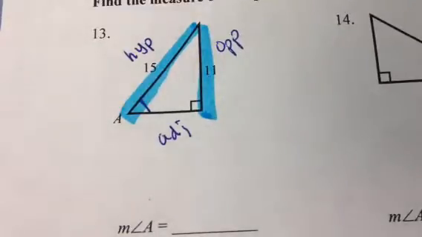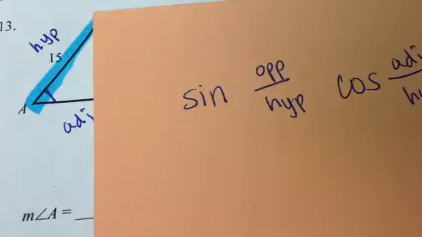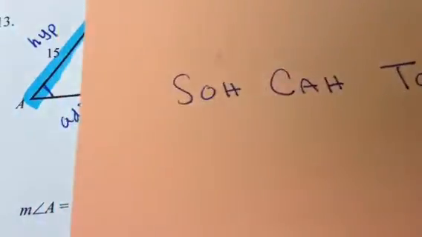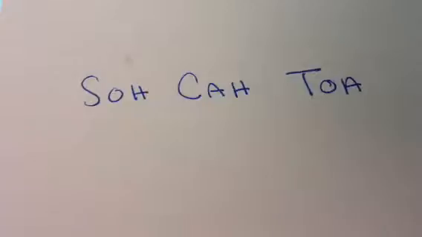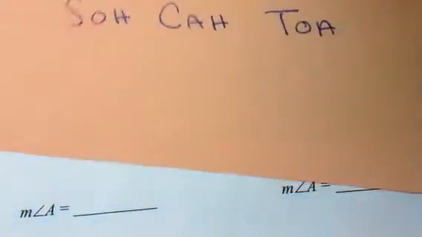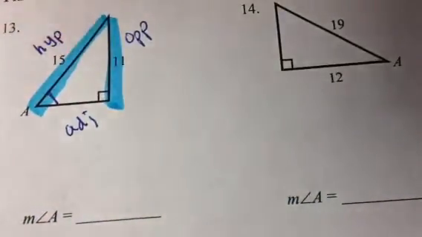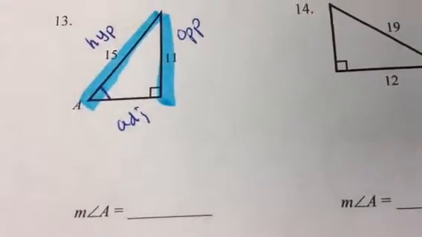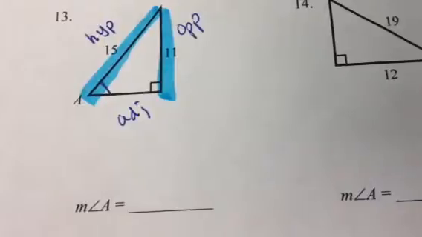And if you didn't catch our last video, just to go over that, we said sine is the ratio of opposite to hypotenuse, cosine adjacent to hypotenuse, tangent opposite to adjacent, and Sohcahtoa is a little acronym that we can use to remember that. My geometry teacher taught me that when I took geometry. It's just one of those things that every geometry teacher says, Sohcahtoa.